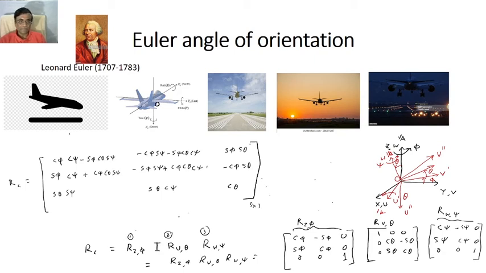The matrix will not change if I make this z psi, followed by x theta, followed by z phi. So this is ZXZ type Euler angle representation.